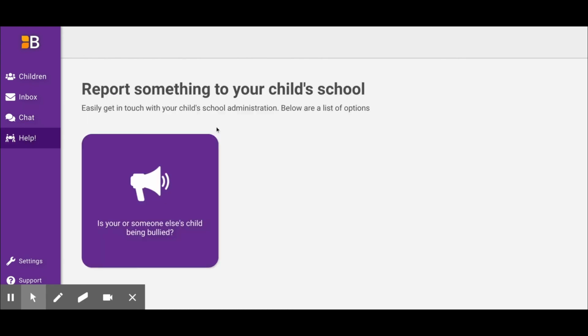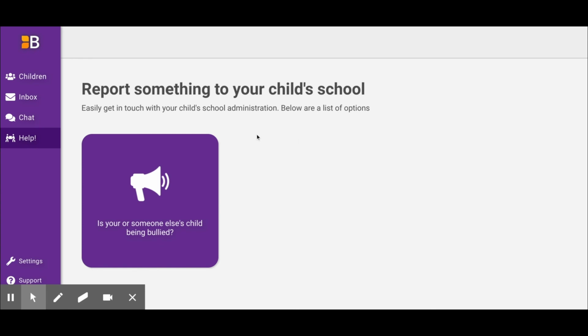Under the help feature, this is something where we can, in fact, report things to the school. We could report if your child or another child was experiencing bullying, if your child was experiencing a mental health issue, or if there was an anonymous tip. Again, your school would have to have this feature turned on, which they might not.